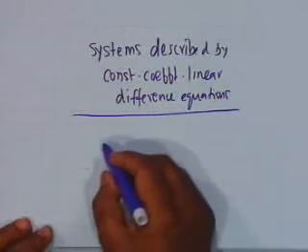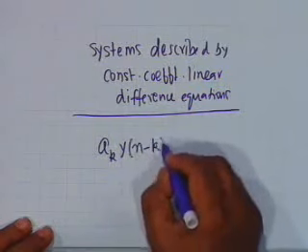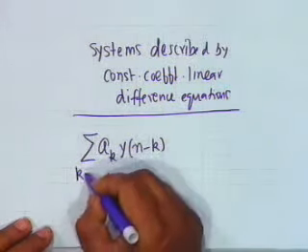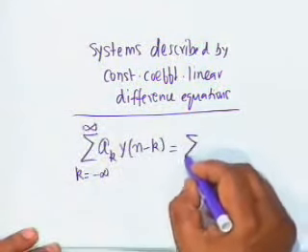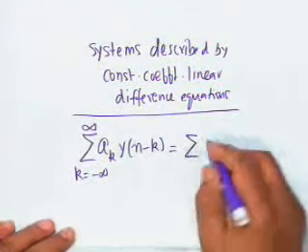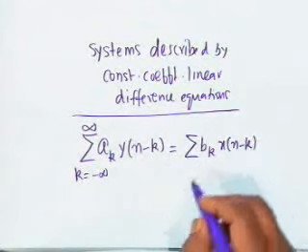We said that the general form would be the summation over k from minus infinity to plus infinity of ak y of n minus k, equals the summation of bk x of n minus k.